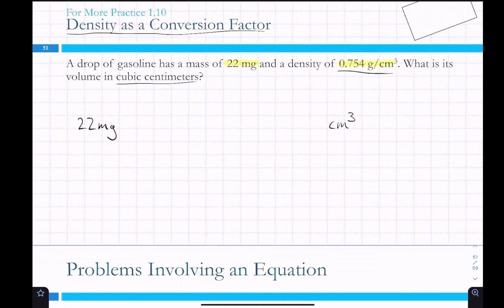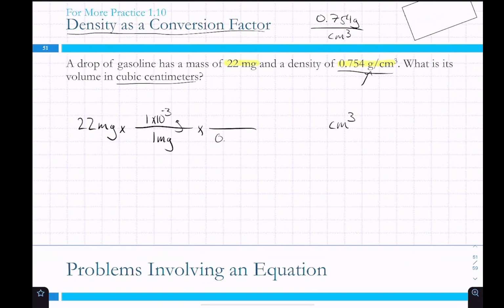So 22 milligrams, we need to get that into grams so that we can use our density. So 1 milligram is going to be 1 times 10 to the negative 3 grams. And now once we have units of grams there, we can use this density, but we're going to need to flip it. So the way it's written here is 0.754 grams over centimeters cubed.